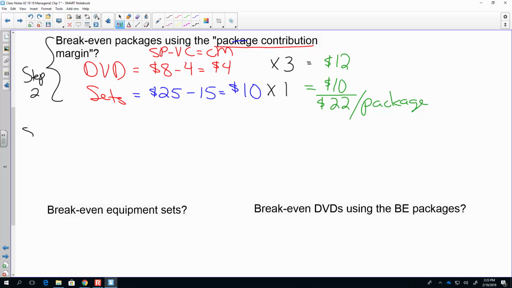Step 3 then is to compute our break-even packages. Here's where we now can take this $22 per package margin, right? That's our bottom number.